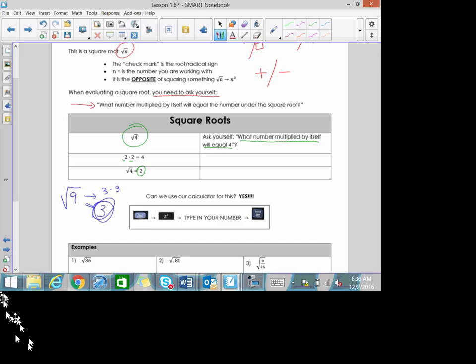Now, some of you are probably saying, all right, I'm not the best mental math person, so can we use your calculator? Yeah, you can use your calculator, and it's actually pretty easy. There are only 3 keys that you're going to need to touch, and I have the pictures of them here. You're going to hit the second button, then the x squared button, then type in the number that's underneath your square root.